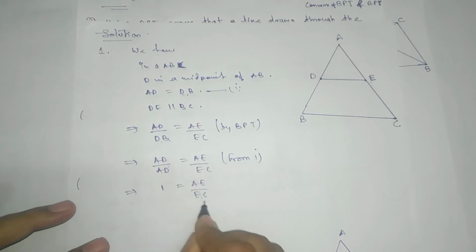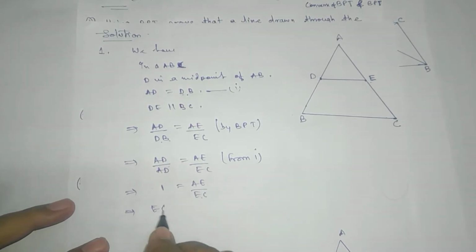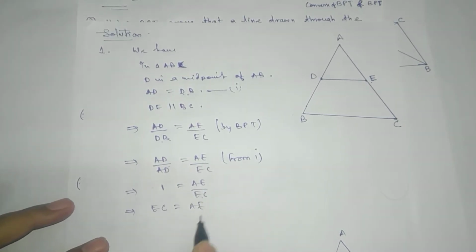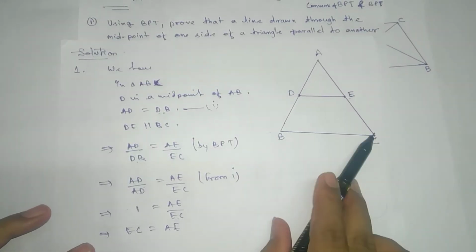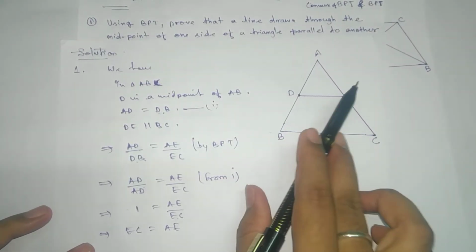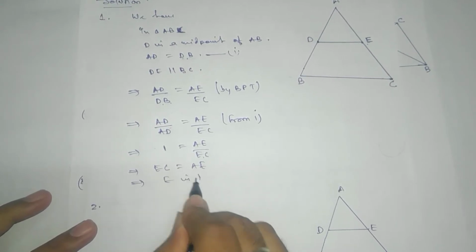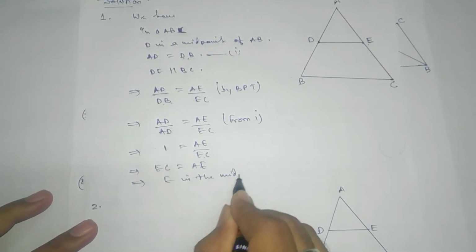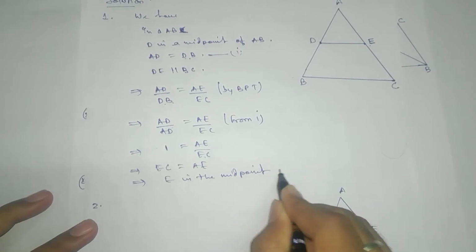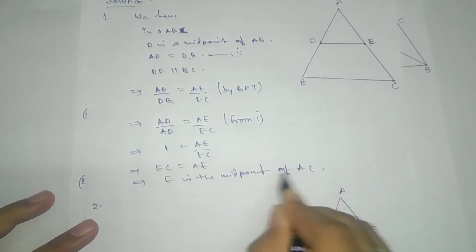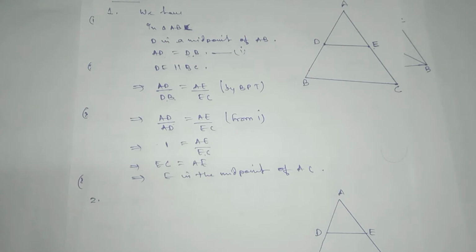Now cross multiply. What we'll get? EC equals AE. That means E is the midpoint. This implies E is the midpoint of AC. That only we need to prove.